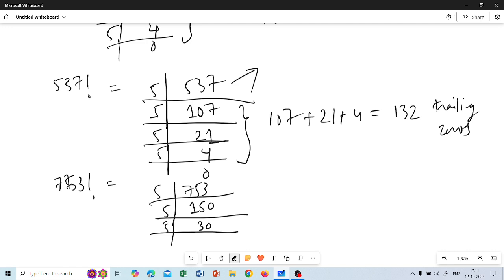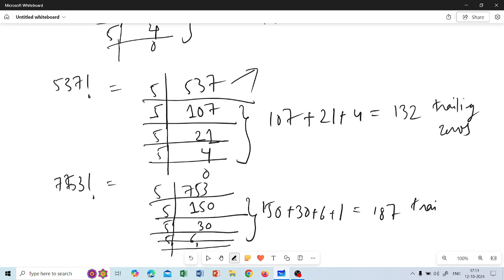This is going to be 150. Now 5 1s are 5. So that's all. We are going to add 150 plus 30 plus 6 plus 1, which will give me 187 trailing zeros.